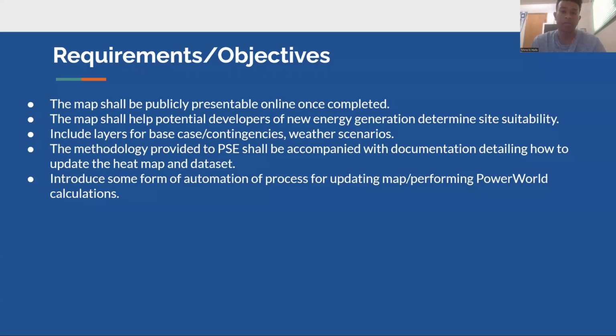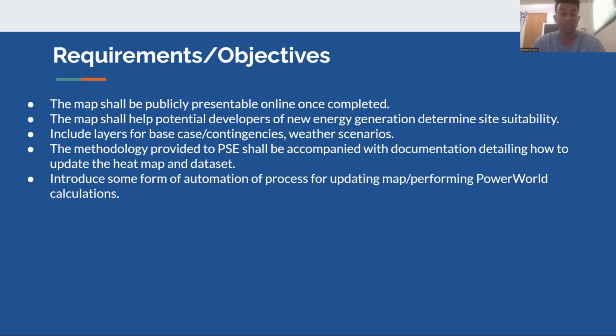In terms of requirements and objectives for our capstone project, first and foremost, we want our transmission map to be publicly presentable online for PSE to have on display once completed. This means making sure it doesn't have any sensitive information that could cause any security risk whatsoever, and that includes not having exact numerical values on the map. Instead, we'd rather have ranges of power transfer capacity.